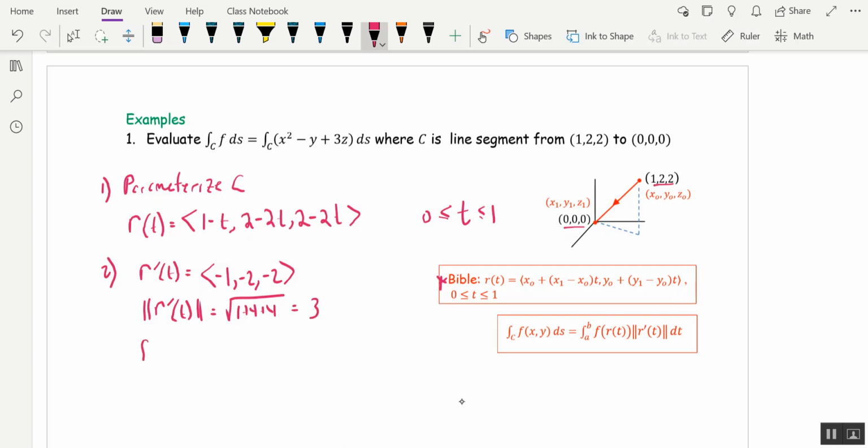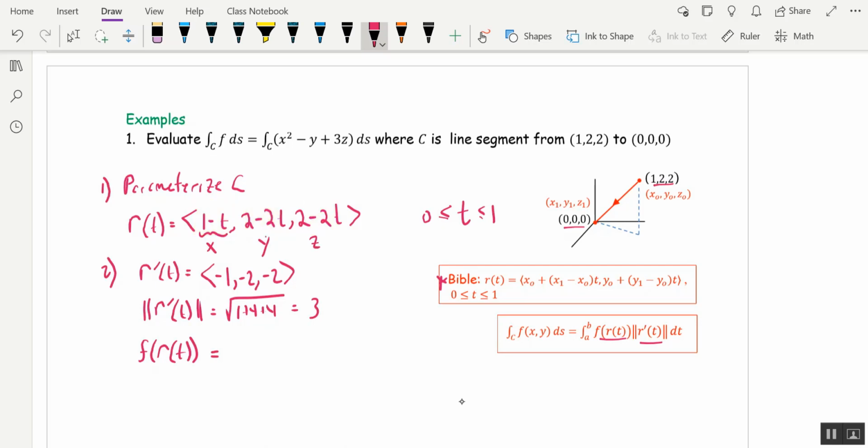We're also going to need f of r of t. Again, I'm looking over here at this formula, and I'm seeing the ingredients I need. I need the length of r prime, and I need f of r of t. So f of r of t, I get by looking at f up here, and everywhere I see an x, I put 1 minus t, because this is my x. This is my y, and this is my z.